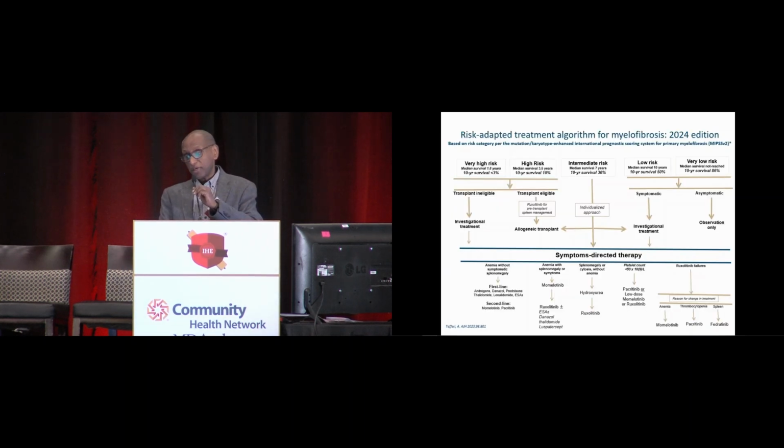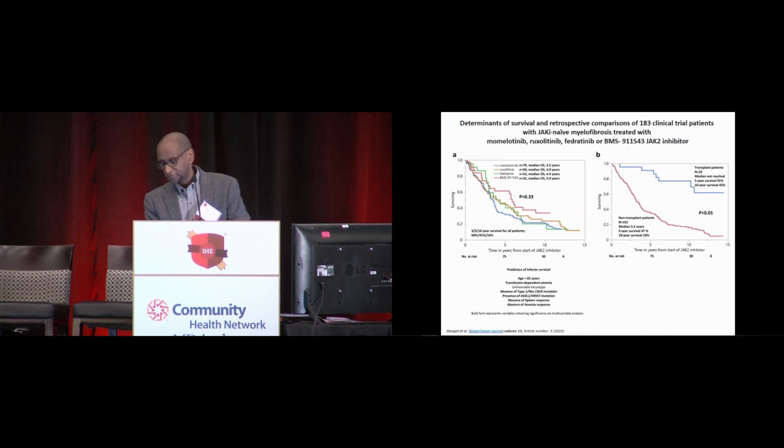And so based on that, as I have said, if you can transplant, transplant. Otherwise you can use these drugs. For the anemic patients, I prefer momelotinib. Otherwise, hydroxyurea followed by ruxolitinib. These drugs do not prolong life.